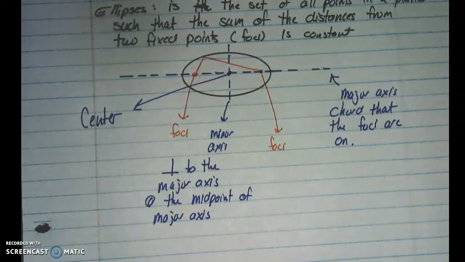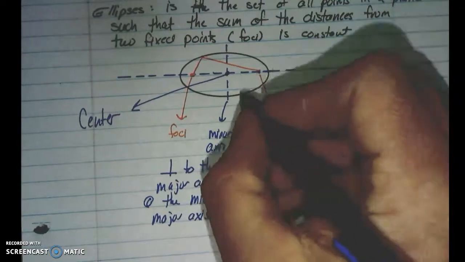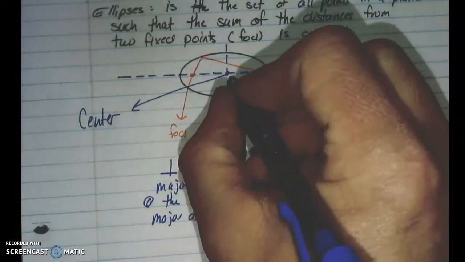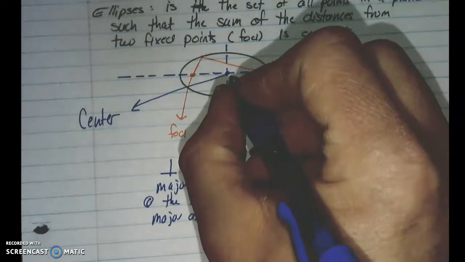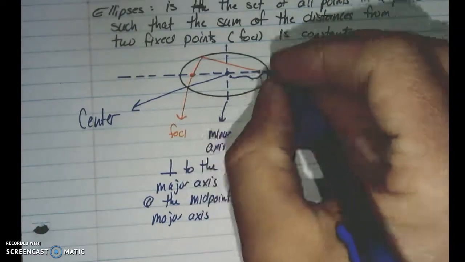All right, now, one more thing. If you looked on your paper, there's two more variables that you see in the formula. A is going to be on the major axis.